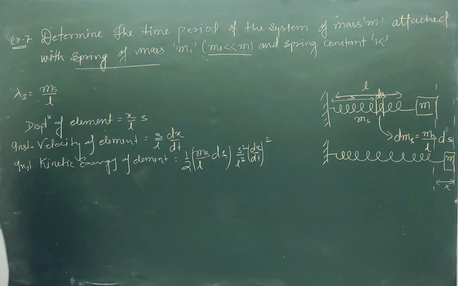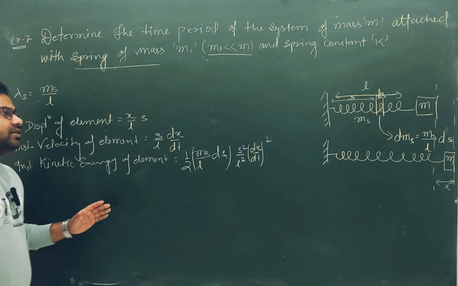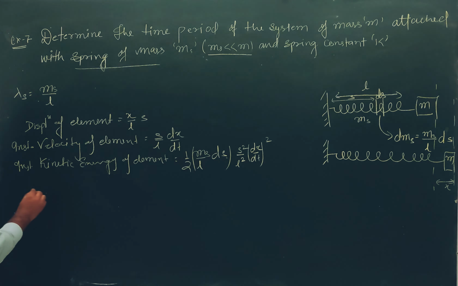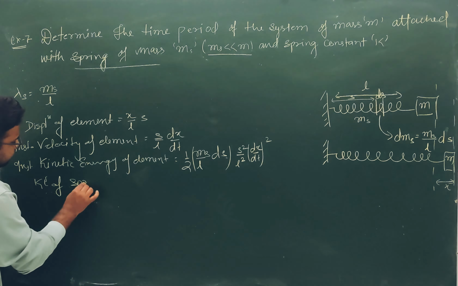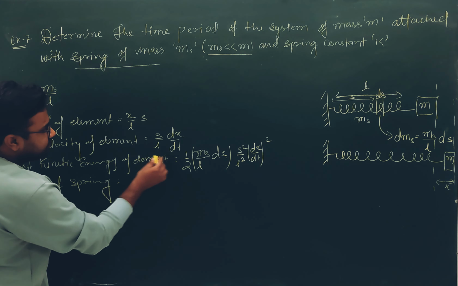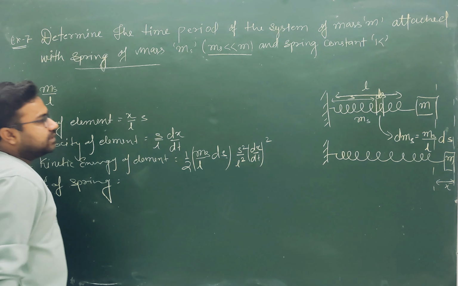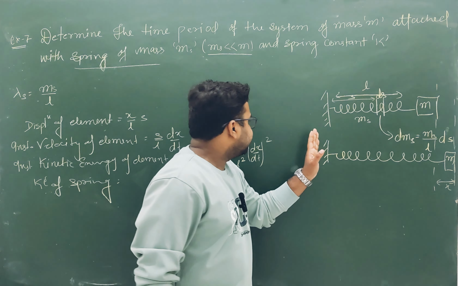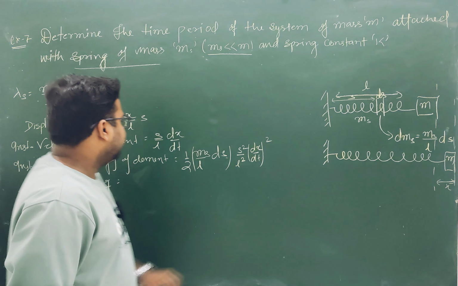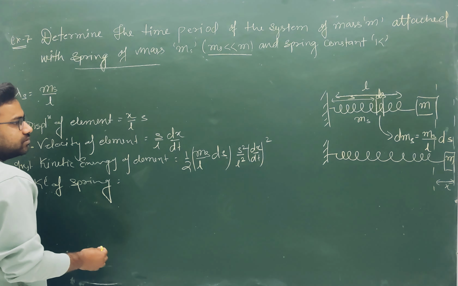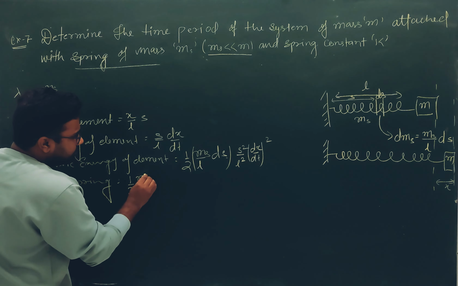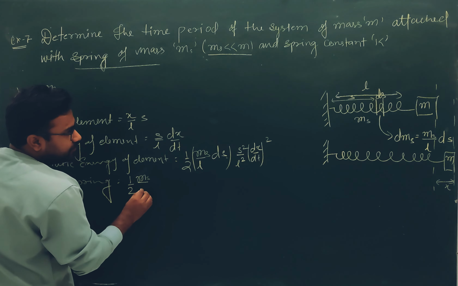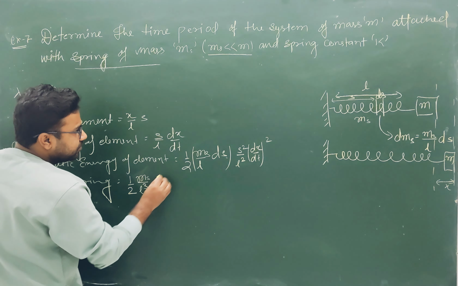Now if we want to calculate the kinetic energy of the whole spring, how will we calculate it? Simply we will integrate it from 0 to L. Here, what are the constants? One by two, ms upon L cube.